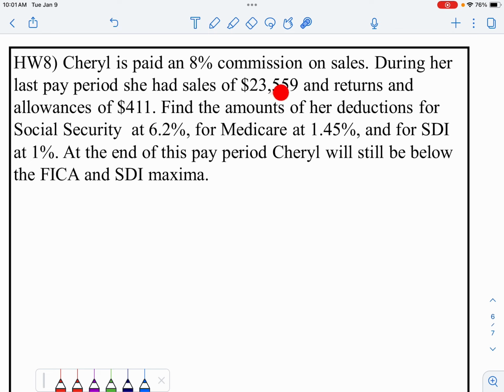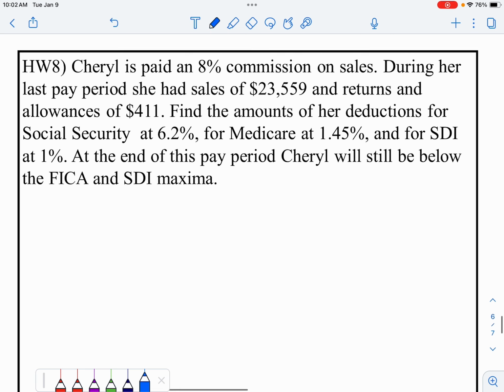Now find the amount of her deduction for Social Security at 6.2% and Medicare at 1.45% and SDI at 1%. And we assume that at the end of this pay period, Cheryl will still be below the FICA and SDI maxima.